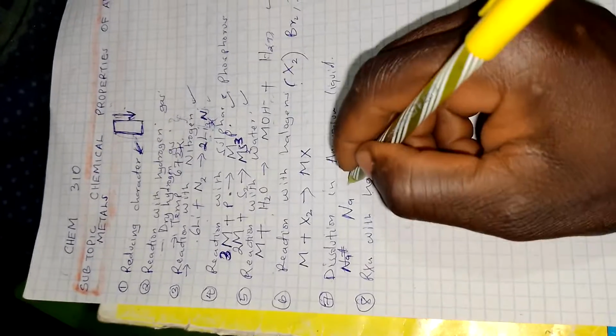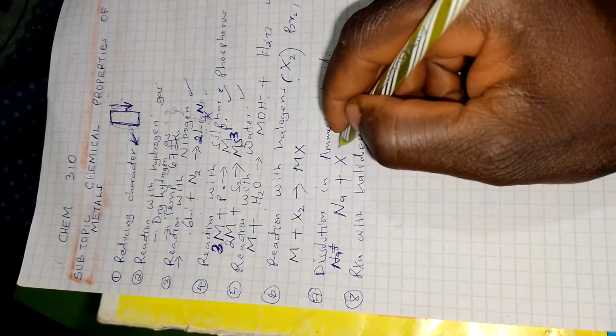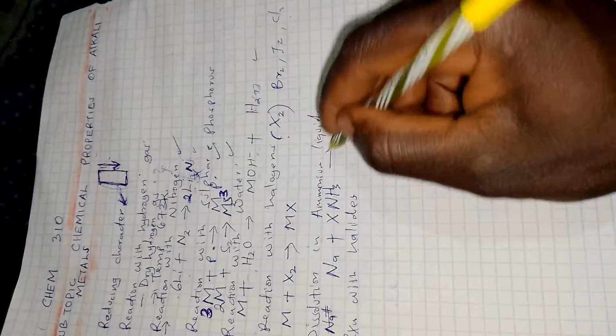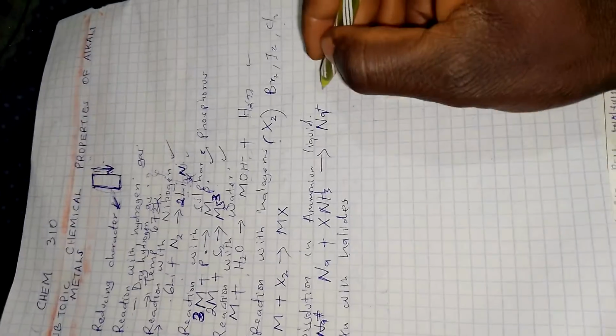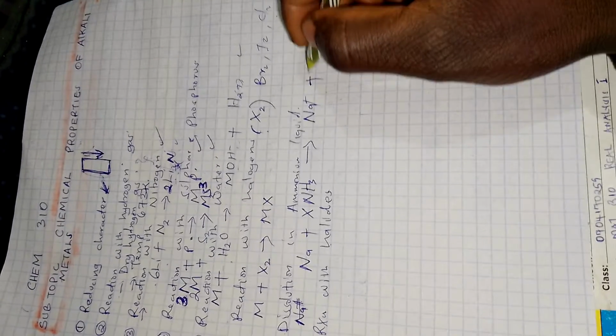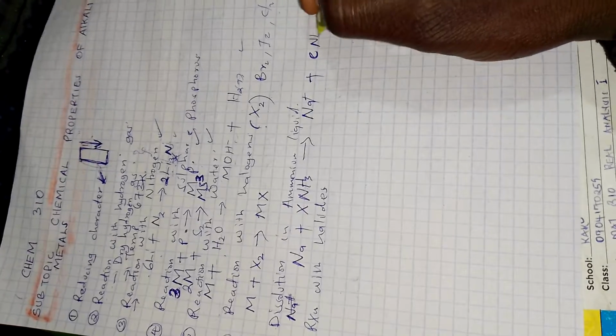When I have sodium, I react it with moles of ammonia. I'll form the cation that they are talking about plus the electrons.